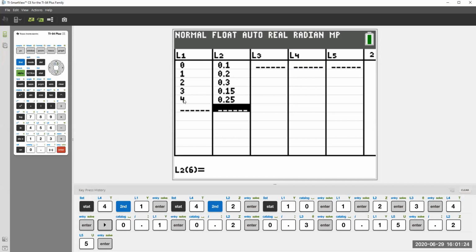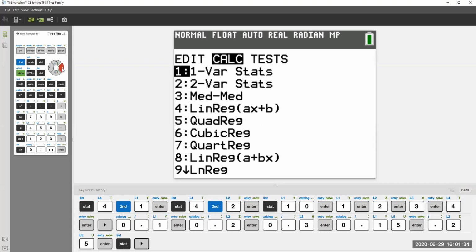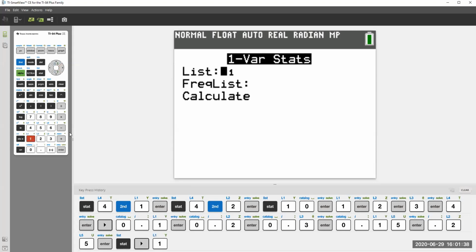The X values are L1, the probability values are L2. Now press the Tab key, go to the right, calculate, select 1, and then list is L1, move down, and here for the frequency list you put second L2.